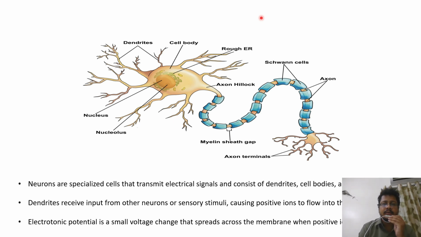If this bump reaches the critical threshold, which is around minus 55 millivolts, it triggers voltage-gated sodium channels at the axon hillock. This sets off an action potential. Once triggered, the action potential regenerates itself and travels through the axon, sending the signal towards the next cell.